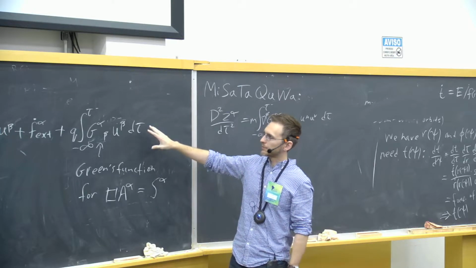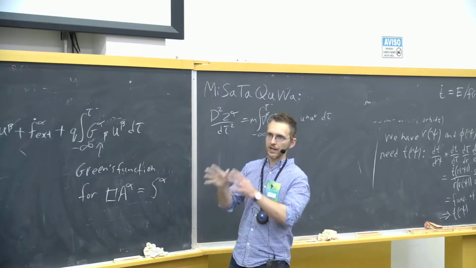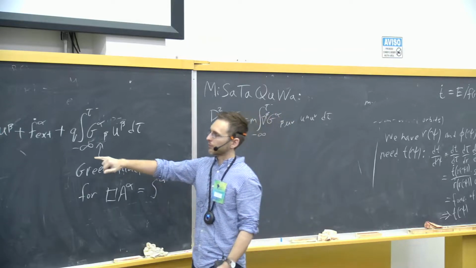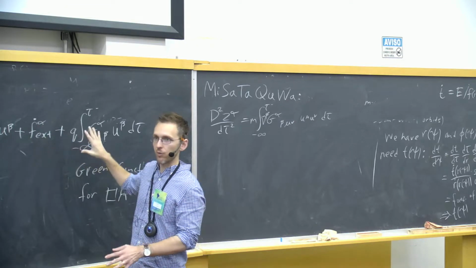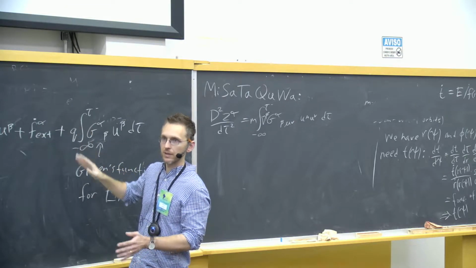If you take the point particle too seriously and you say I have an exact point particle, then this comes out to be a derivative of the acceleration. And then this is not a well-posed thing.